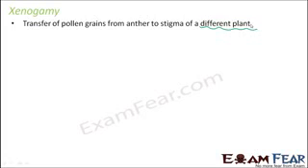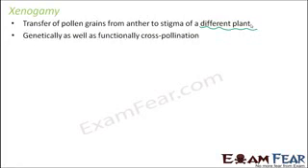It is genetically also cross-pollination because two different plants will have two different genes. And by this method, you can actually produce plants of different varieties or plants of desired qualities by making combinations between them. So it is genetically as well as functionally cross-pollination.